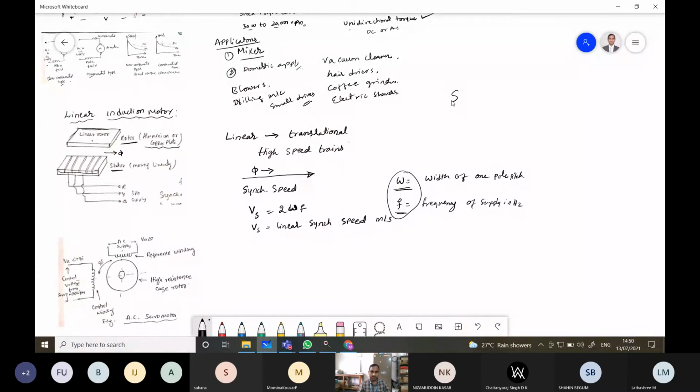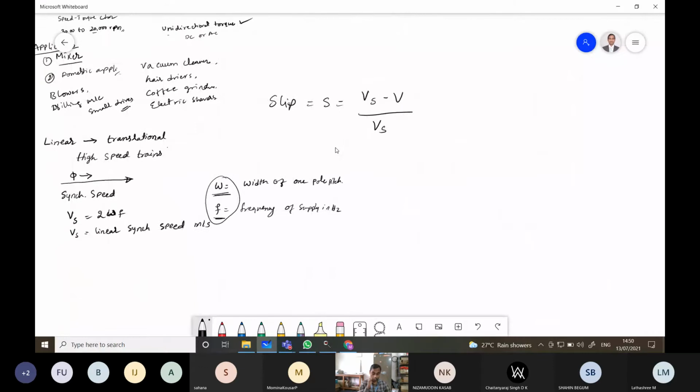So here slip can be calculated by S is equal to (Vs minus V) divided by Vs, and force F is given by P2 by Vs, and PCU is equal to S into P2, and PM is equal to (1 minus S) into P2.